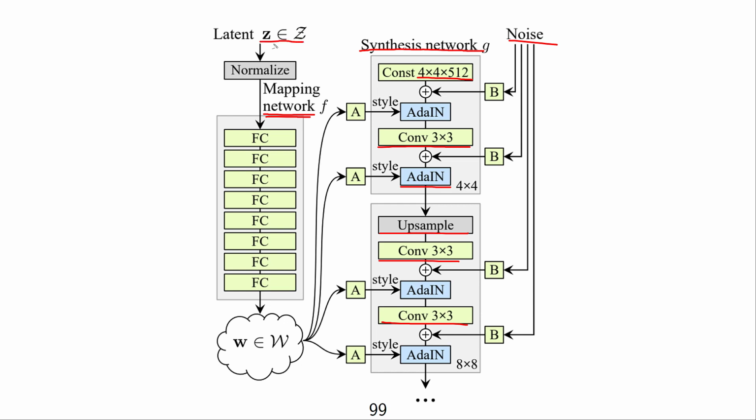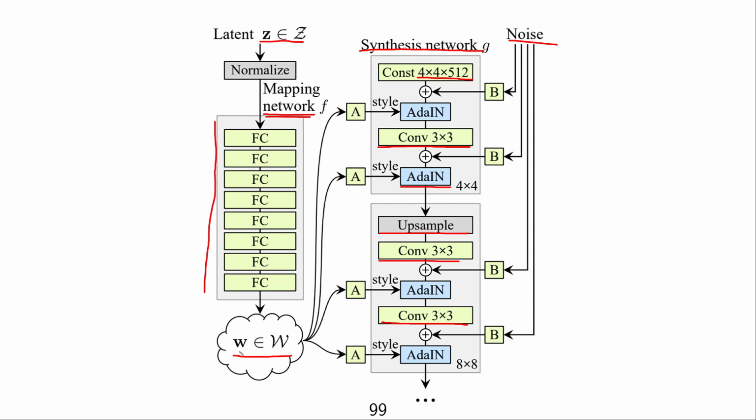So I forgot exactly. For now, let's just say this is a 512-dimensional vector. We'll map it with this mapping network, which is a multi-layer perceptron, a fully connected network. So we see there's just a bunch of linear layers that are used to map the Z codes that are in some simple space into this more complicated W space.